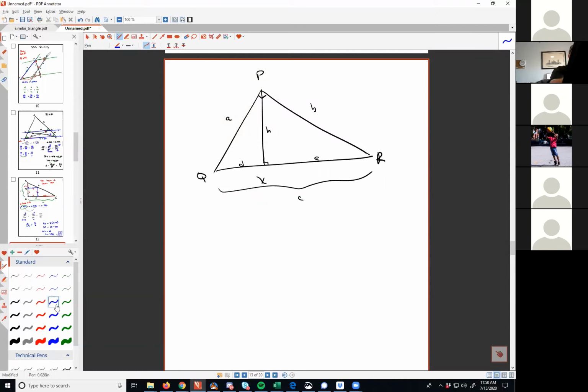QPX is similar to PRX. Good. That's correct. I'm going to start with a different one, though. I'm going to start with the big one.